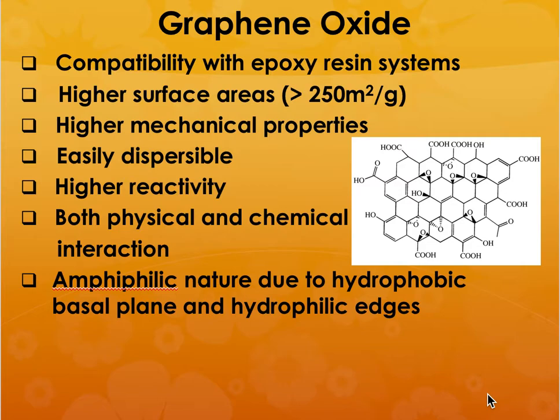So what we found is that either POSS or graphene oxide are compatible with epoxy resin systems or different resin systems, and they have very high surface areas and they give you high mechanical properties. They are also easily dispersible, especially in a polar solvent like ethanol. So they have very good physical and chemical interaction with the matrix resin, and there are multiple functionalities that you can have in these graphene oxide particles, and it will improve the interlaminar properties also.